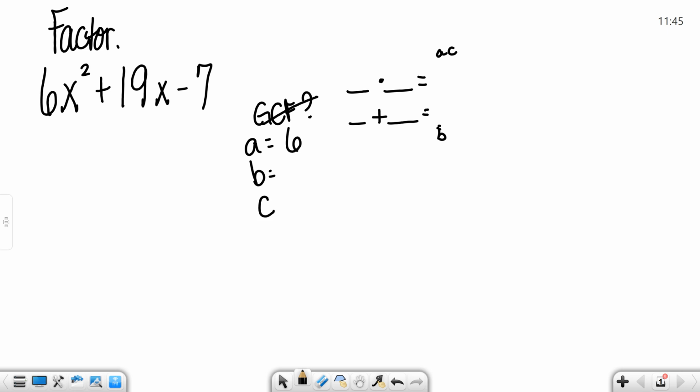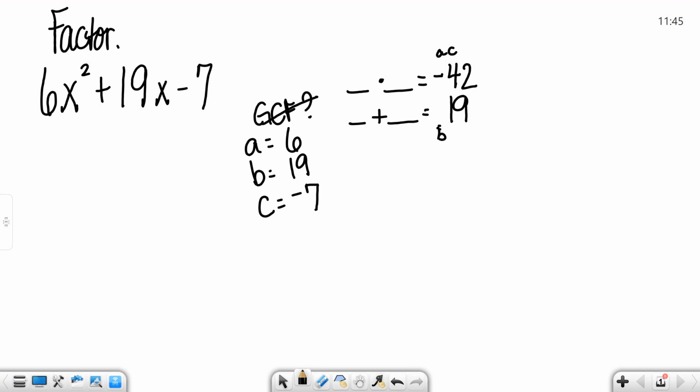My A value is 6, my B value is 19, and my C value is -7. So I'm looking for two numbers that multiply to be -42. Remember, A times C. Two things that add to be 19. That is our B value.